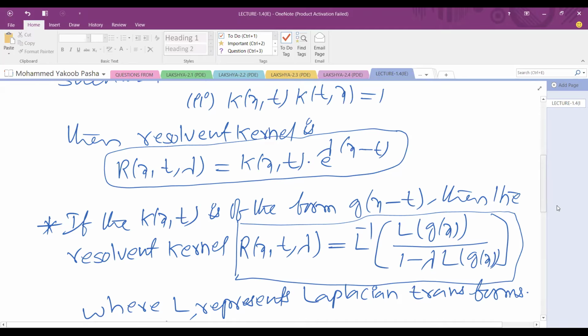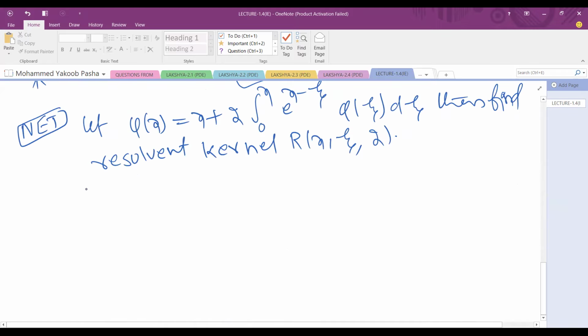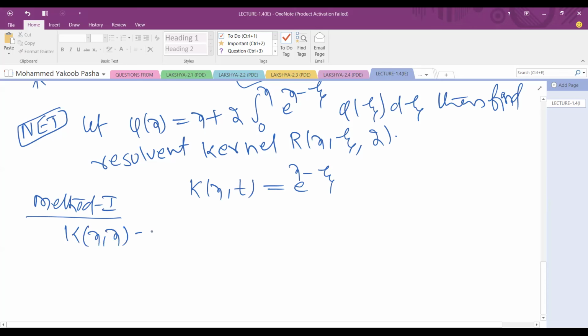So I am writing method 1 here. Here k of x comma t is equal to e to the power of x minus z. First condition we are checking: k of x comma x, that is e power x minus x, that is e power 0, that is 1.